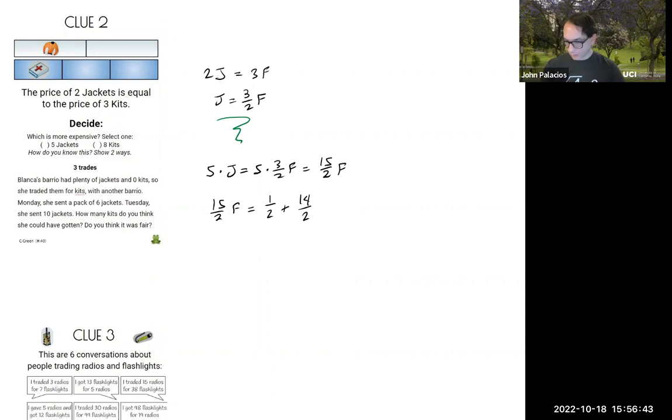Oh, speaking of which, we can compare 5 jackets to 8 first aid kits using this equation here. So 14 divided by 2 is 7. So this is 7 plus 1 half first aid kits, which we can see is less than 8 first aid kits. This means that 8 first aid kits are more expensive than 5 jackets.